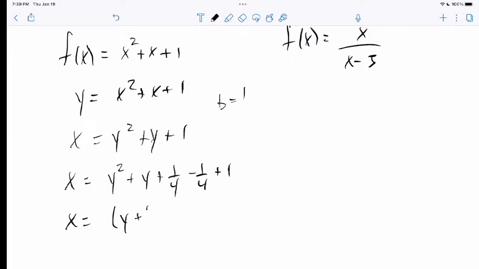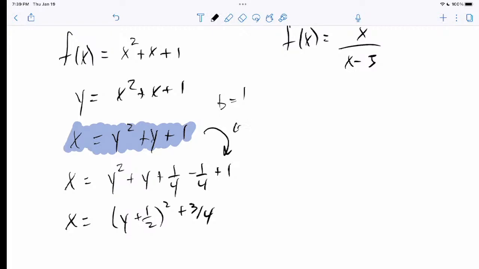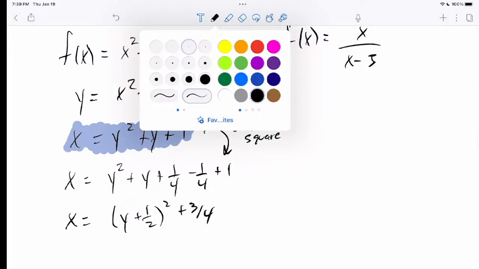So going through and completing the square here, I can go ahead and calculate my inverse, right? To find the inverse, you interchange your x and y values. That's what I did here. Then I went ahead and completed the square. And now that I've completed the square, I can isolate and solve for y.